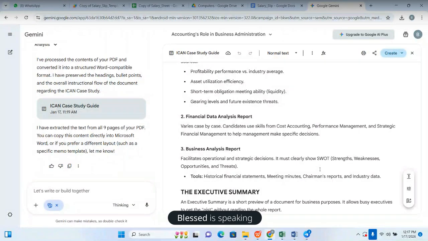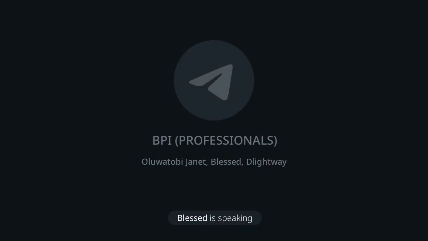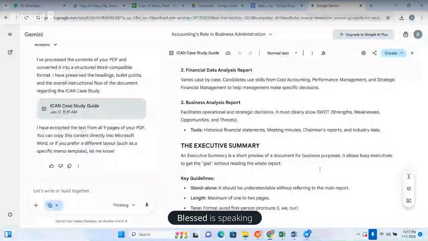Then we move to executive summary. In ICAN case study, executive summary should cover close to 20 to 25 marks. Prepare your executive summary effectively. That means from that executive summary, even if you cannot get the whole 25 or 30 marks, you are able to get like 20 from there.